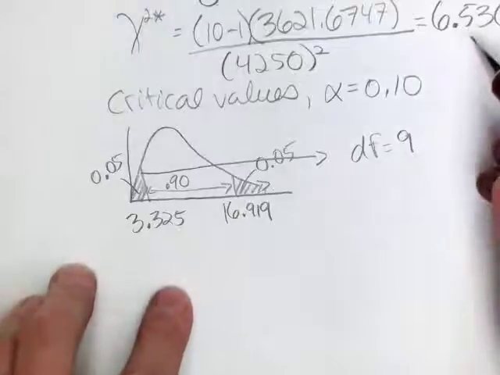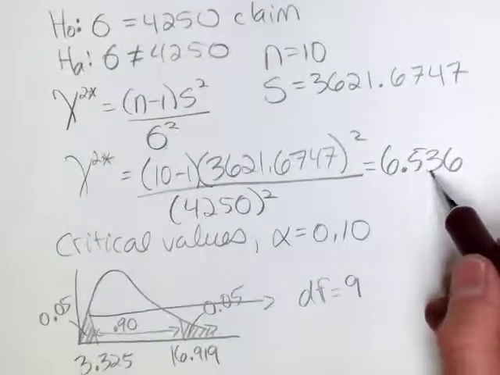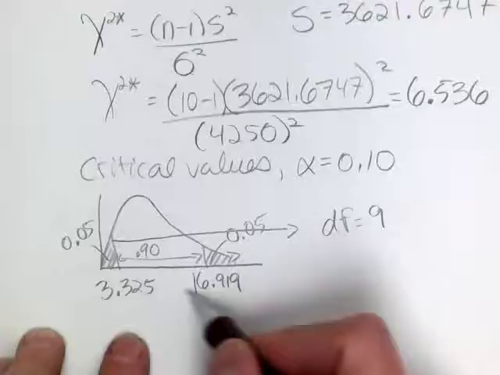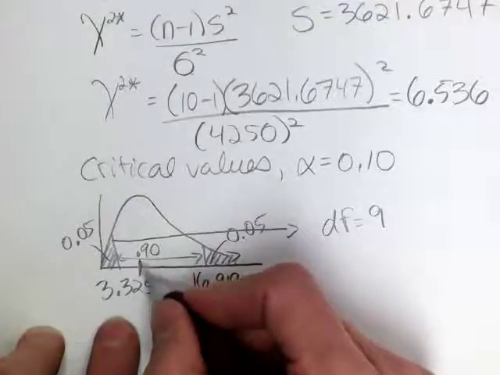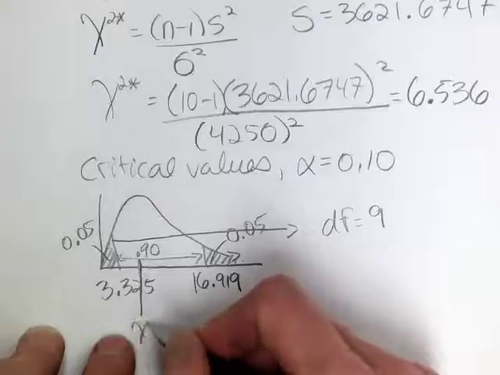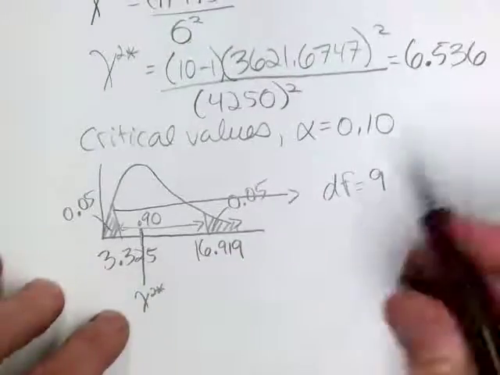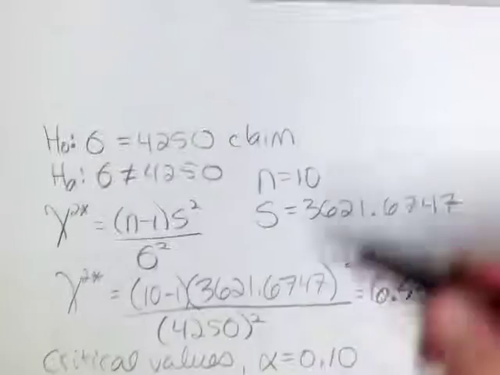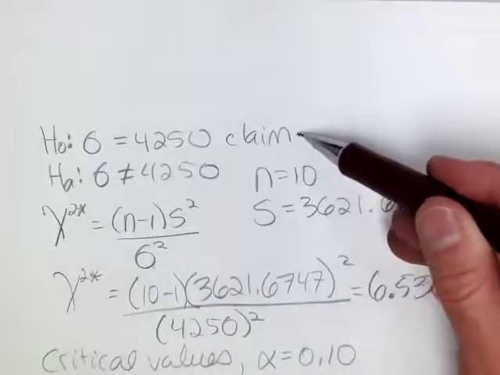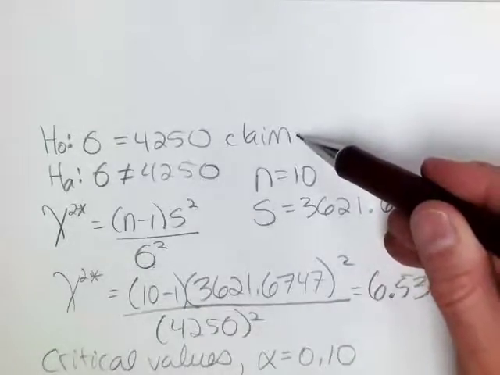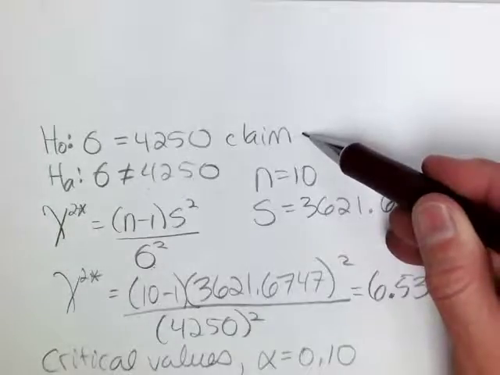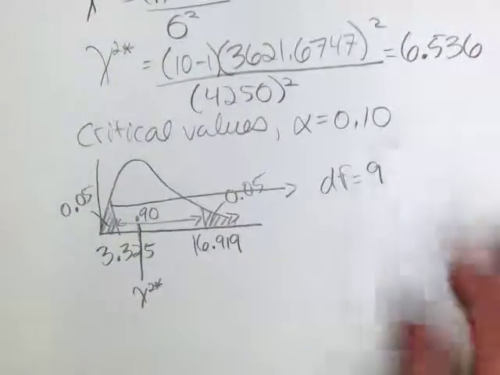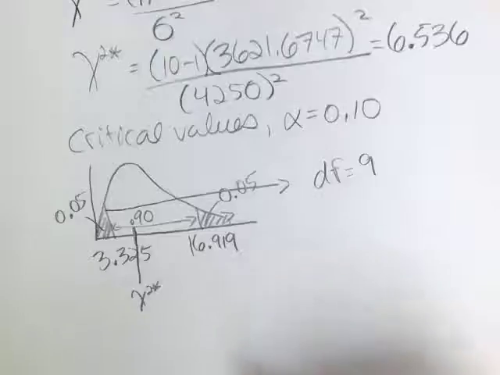Okay, so comparing our test statistic to the two critical values, I'm in between them. Okay, so I'm about here. So my decision will be to fail to reject the null. Okay, so because I'm failing to reject the null, I am supporting the claim. So the question is, is there enough evidence to reject the claim?